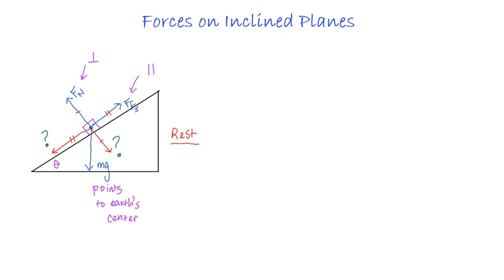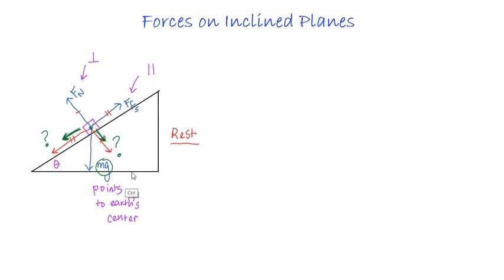Well, it turns out that these are just components of the weight of the object. So the way we would describe that is we'd say that some of the weight would cause the object to get pulled down the ramp. So the effects of the gravitational force have two parameters to them. One of the parameters is how much the force pulls down the ramp, and the other one is how much the force is pushed into the ramp.